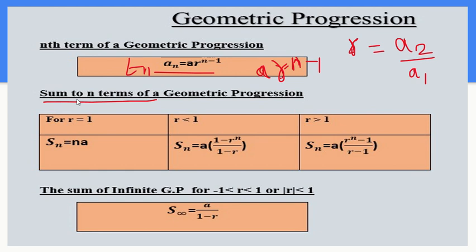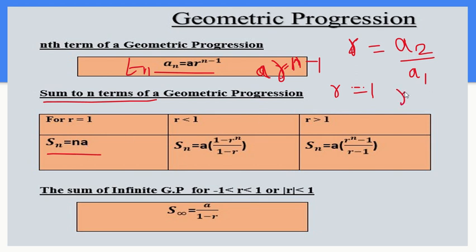Then how do you find the sum of n terms? If the R value is equal to 1, it's nothing but n A, the number of terms into the first term.